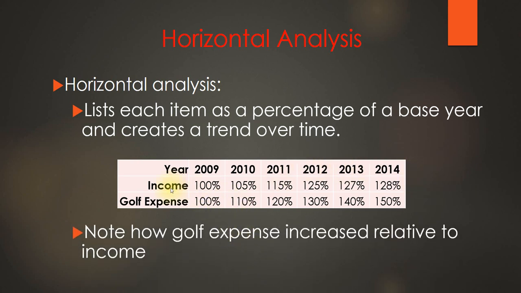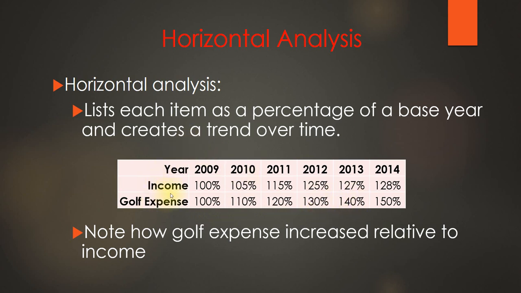So look at, for example, the clients here have a golf expense that's increasing significantly over time relative to income. Now, granted, the golf expense may actually be going up nominally, so maybe they went from 1,000 to 1,100, and then from 1,100 to 1,200, etc. So while the percentage increases are important to note, note that the nominal amount increases may or may not affect this.